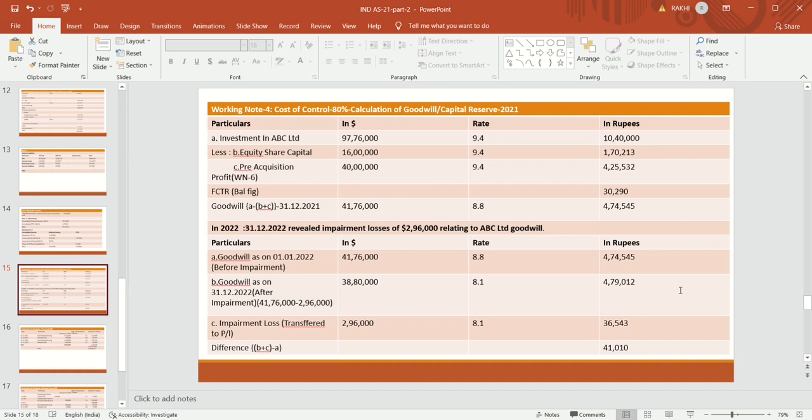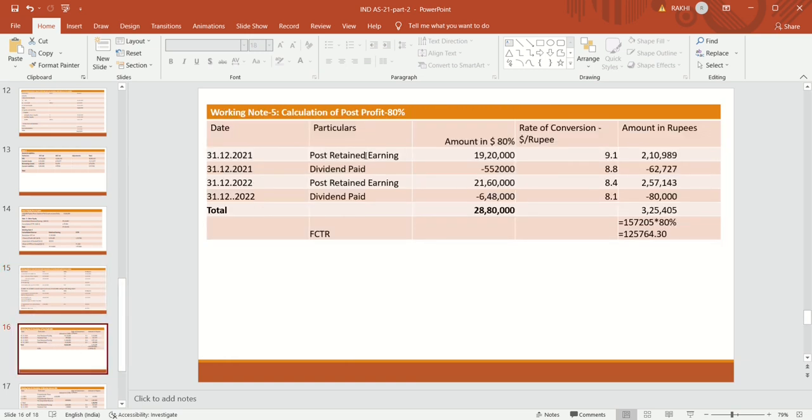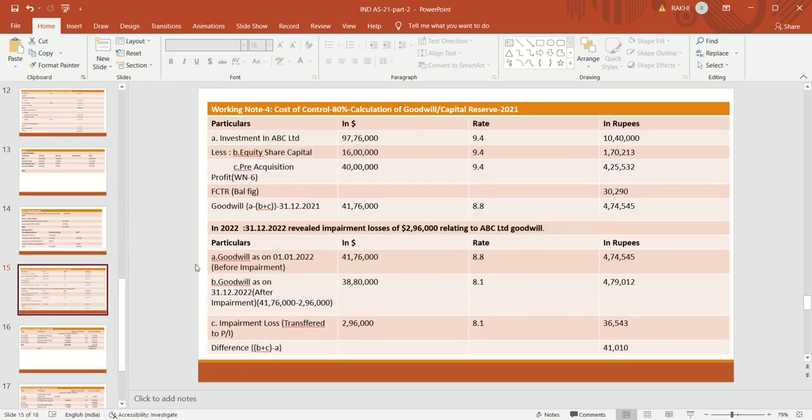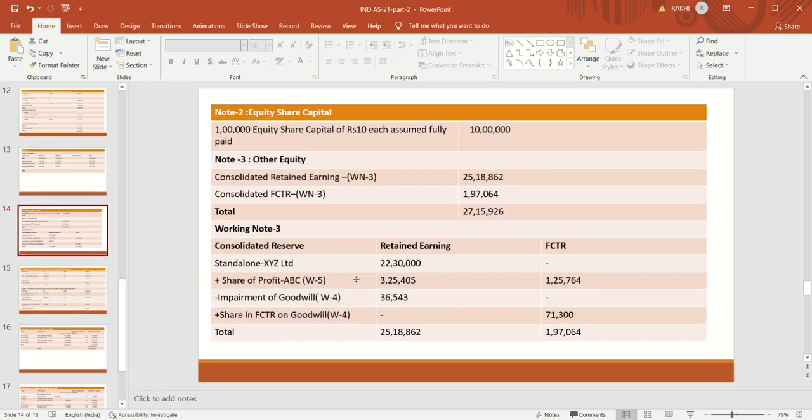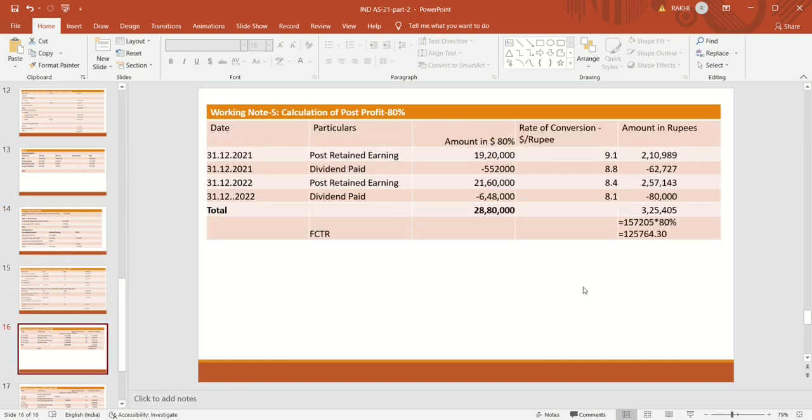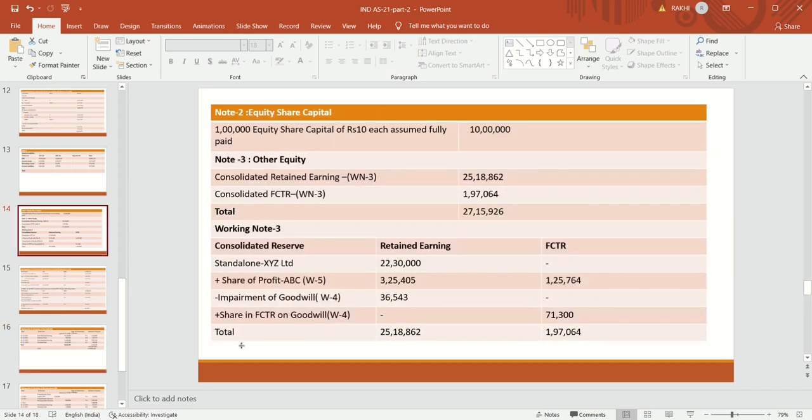This FCTR we will take into retained earning. Now for the non-controlling calculation of post profits, we will also take the post profits, that is 325,402, and also the FCTR 125,764.